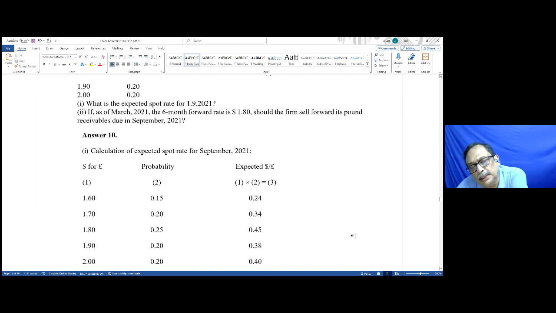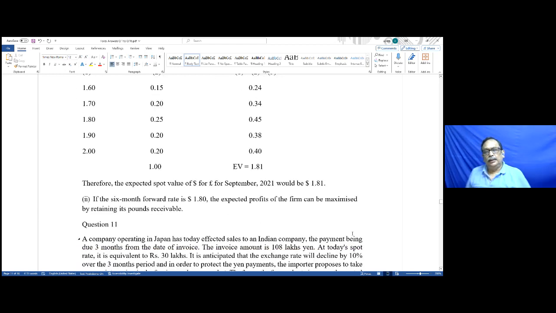Now, again, I am looking into the second part. If as of March 2021 the 6-month forward rate is $1.80, the question is, should the firm sell forward its pound receivables due in September 2021?